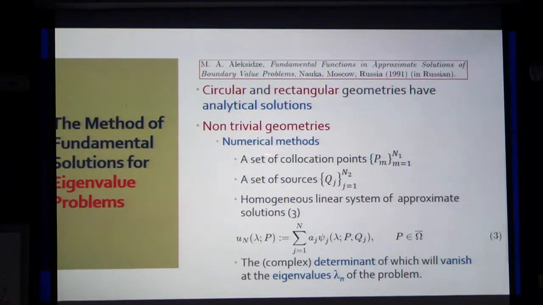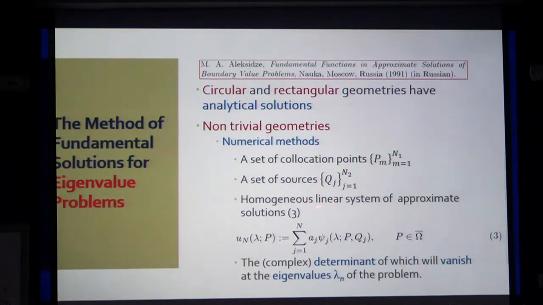Then you have to use some methods, and one of them is to use a set of collocation points, where you get these points Pm, m going from 1 to n1, and a set of sources which are points Qj going from 1 to n2, and from these two sets of points you construct the solutions.